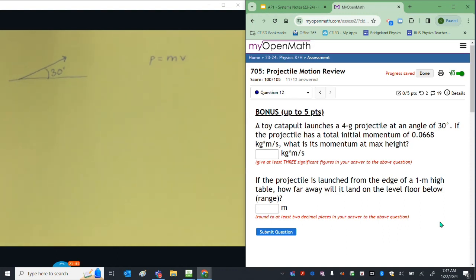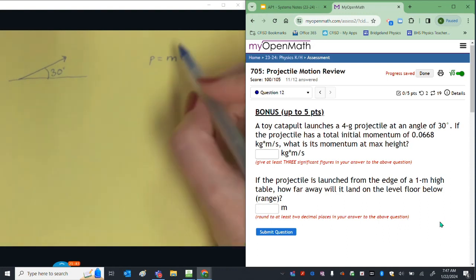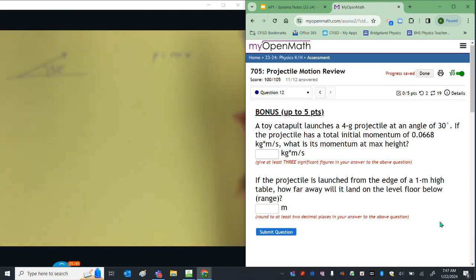So the problem, though, is that when I use this equation, the masses need to be in kilograms, and they gave me a mass in grams in the question. So before I can do anything else, I have to convert that. There are 1,000 grams in a kilogram, so if you're trying to figure out how many kilograms this is, you need to divide by 1,000, and of course you're going to get a small number. But let's go ahead and plug in.